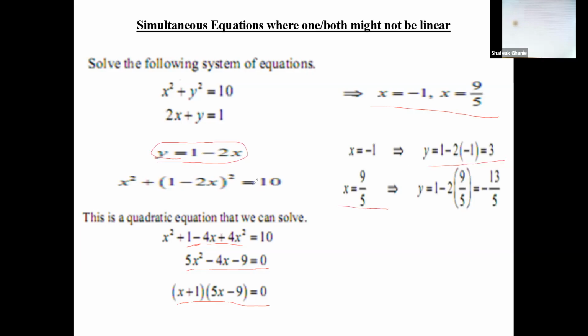When x is 9 over 5, you substitute in this again, and you get y equal 13 over 5. So your solutions are x equal minus 1, y equal 3, or x equal 9 over 5, y equal 13 over 5. So those are your solutions.